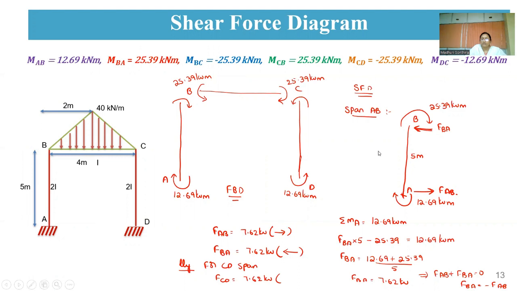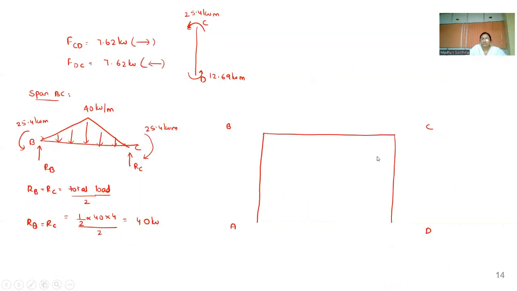So both are having the anti-clockwise shear. So that means a negative value only. So that is 7.62. So here also for CD, this is also 7.62.